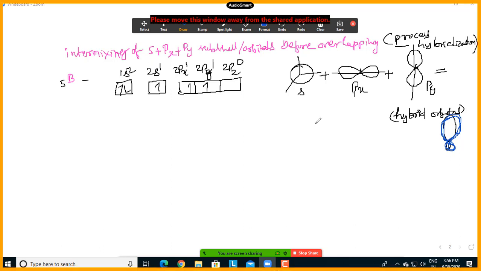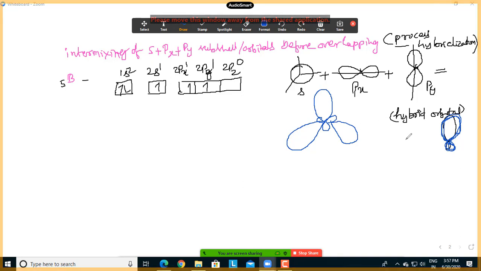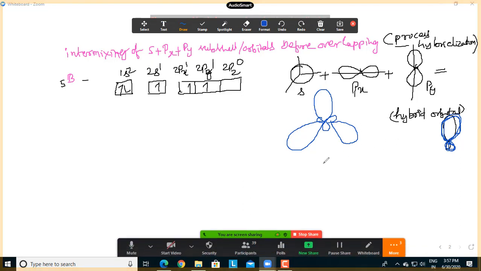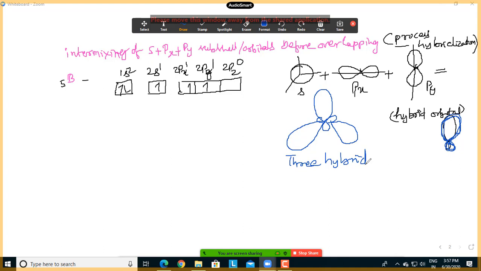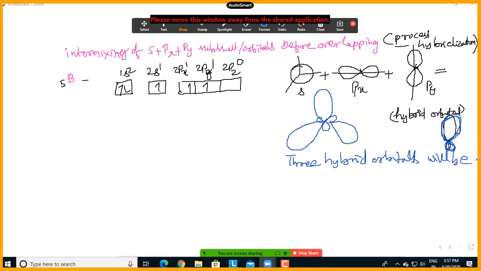So the number of hybrid orbitals is three: this is one, next is this one, and next is this one. Three hybrid orbitals will be formed. Why?